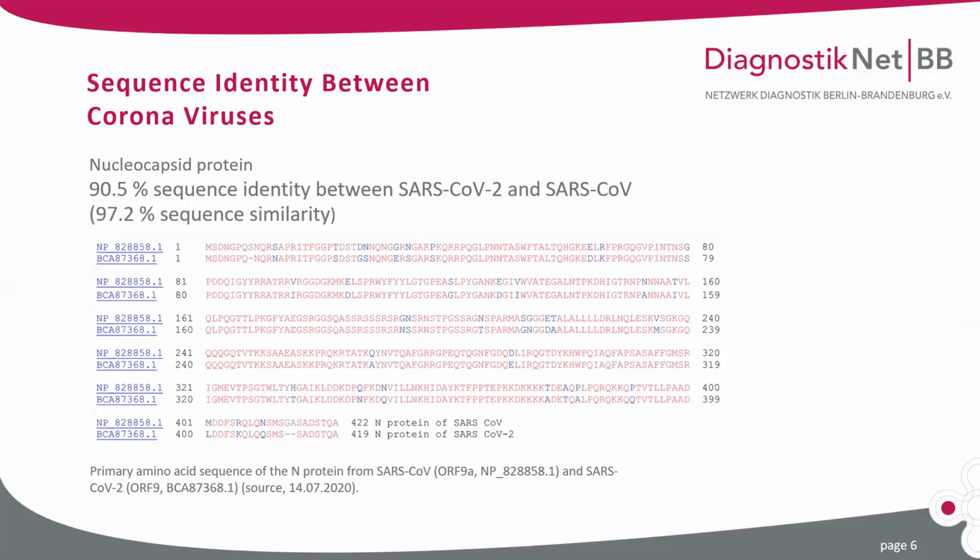If we go for the similarity between the coronaviruses, what you see here is a comparison of the nucleocapsid protein of SARS-CoV-2 and SARS-CoV. And you see they have a 90.5% sequence identity, and the similarity between those is 97.2%. So it's a huge similarity between them, and there you see what is the target for a good diagnostic tool.